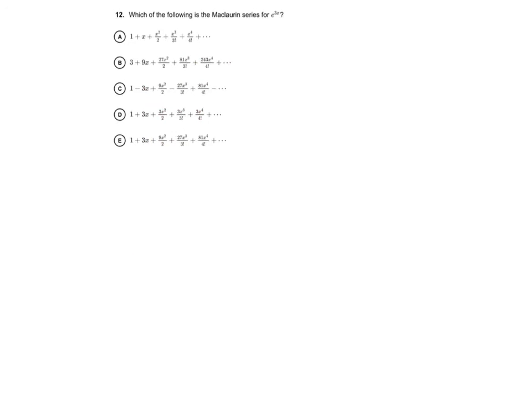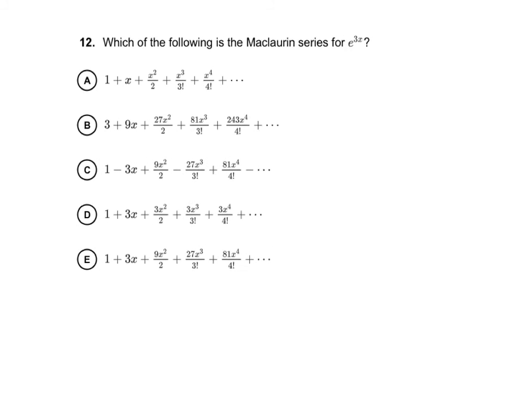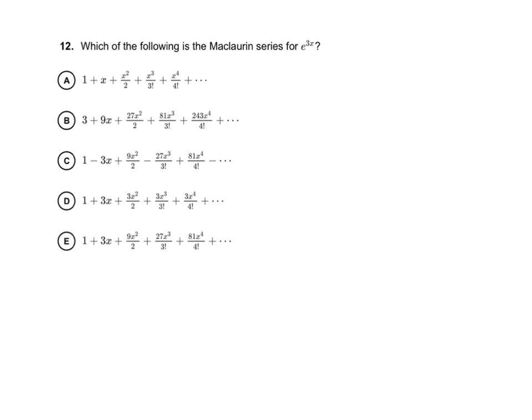Okay, this should be a nice one. So if we've memorized, there's a bunch of these kind of in a row. So if we know that e to the x is the sum of x to the k over k factorial.